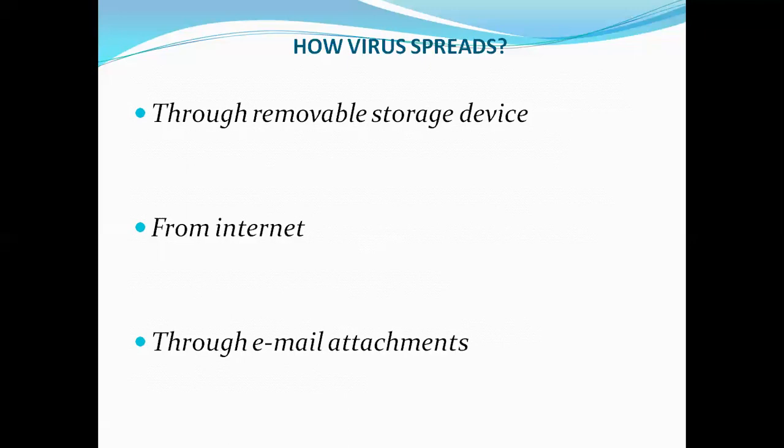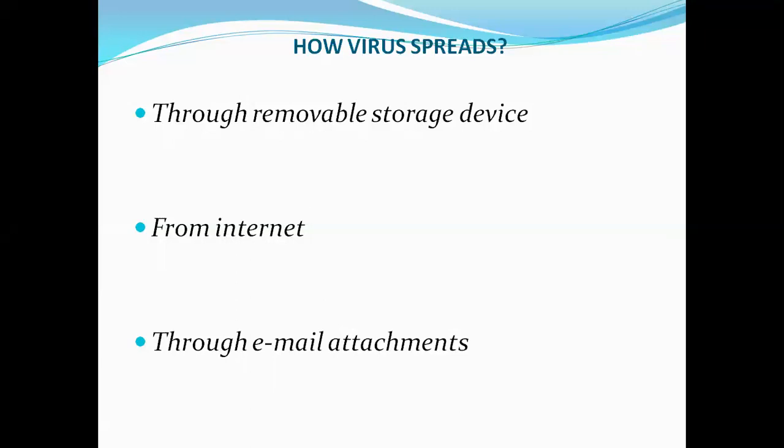Second, from the internet. Without knowing, from any bad site, if we are downloading something, maybe a game, maybe any kind of movie or song, if we don't know anything about the site, and we just try to download a file from any duplicated, pirated site, naturally there are chances that a virus comes into our computer.